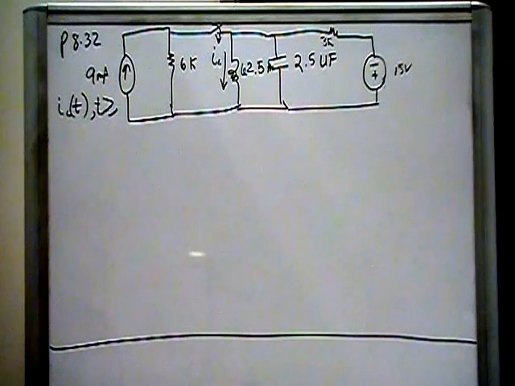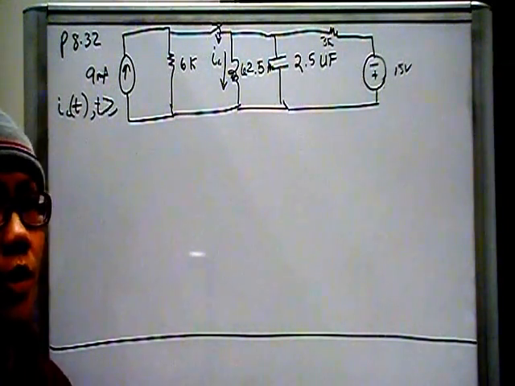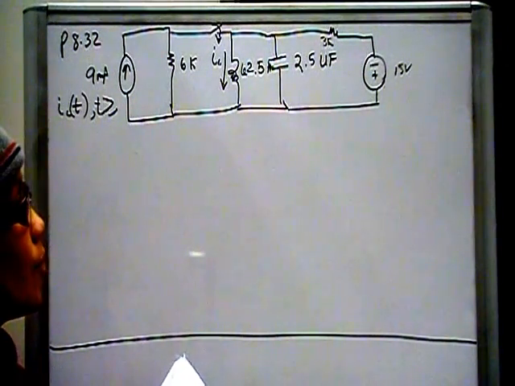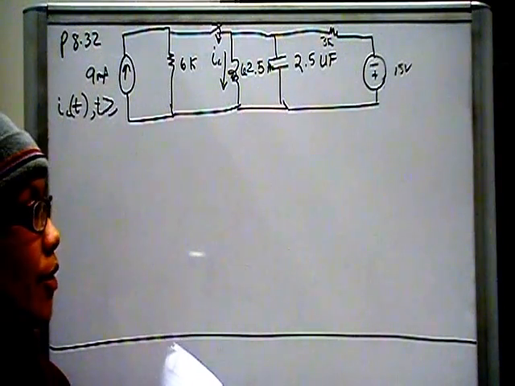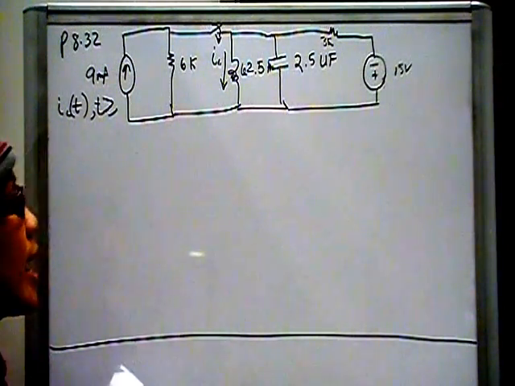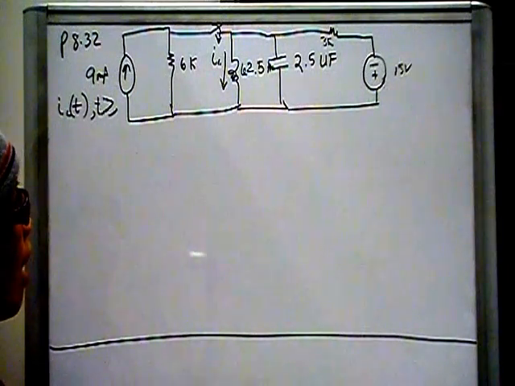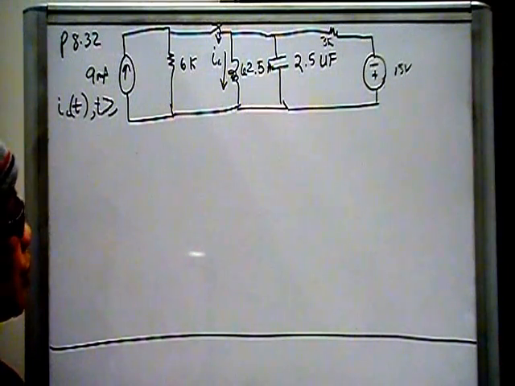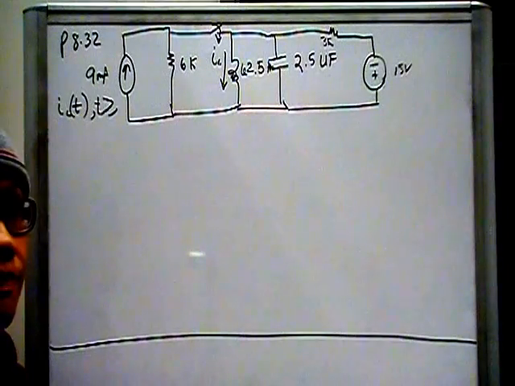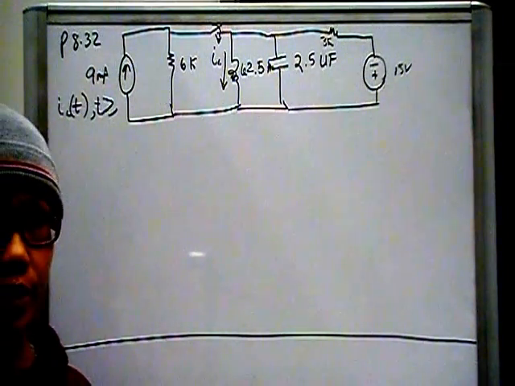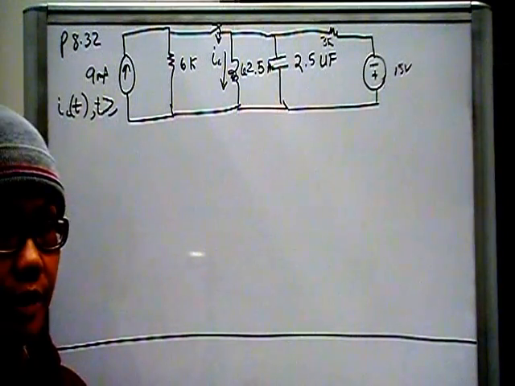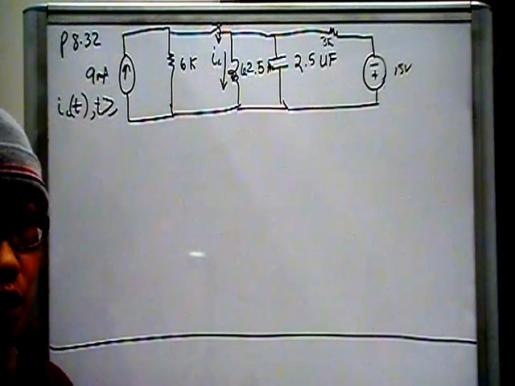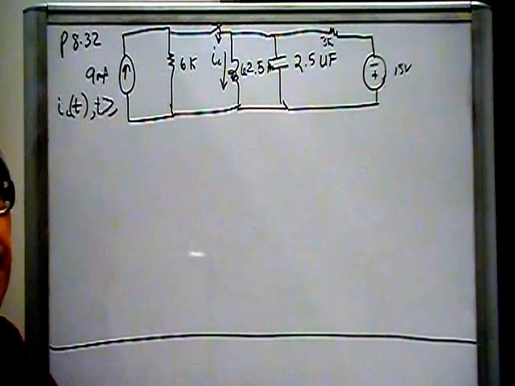So the steps for solving that problem, or all of these types of problems, is to first find the current before the switching happens. So at time 0 minus, find the steady state current, which is current at time equals infinity. Then, once you have those two, you need to identify the damping, because whether the response is overdamped, underdamped, or critically damped will determine which set of equations you'll be using.